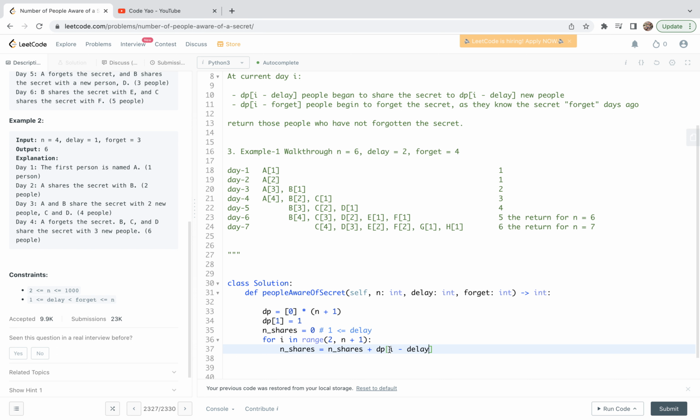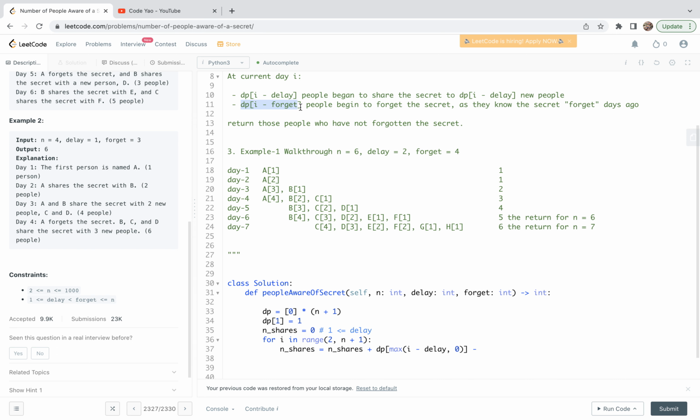But there's a technical part: initially i may be less than delay, meaning that no people began to share the secret. So here we are going to treat it like this. We'll use max of i minus delay and 0. If i is less than or equal to delay, this expression will give us 0, so dp0 is 0 by default. That incorporates this special case.